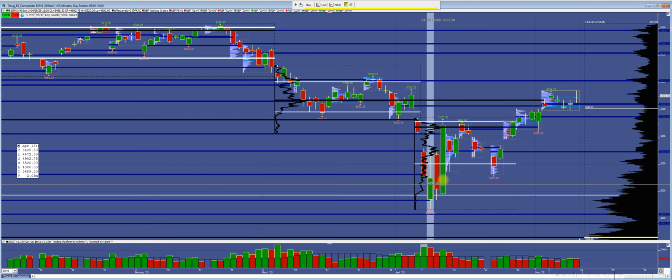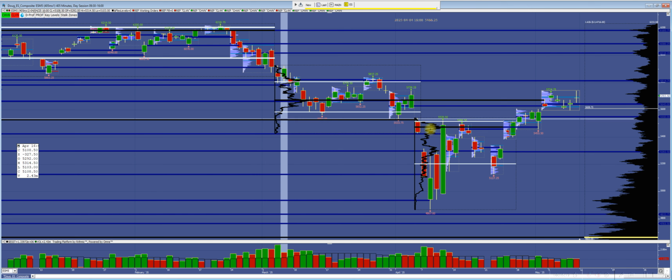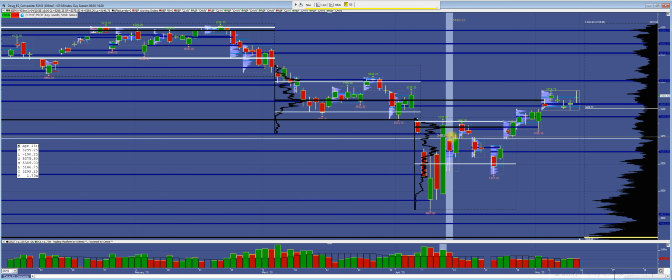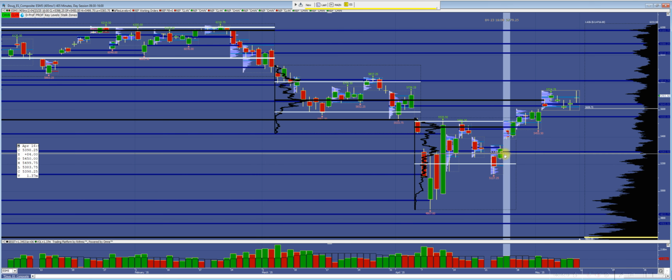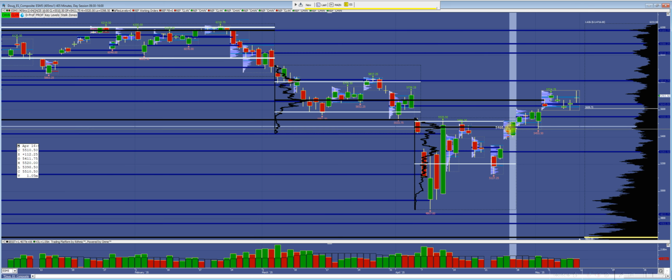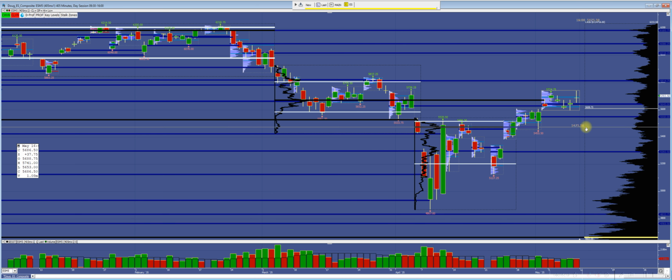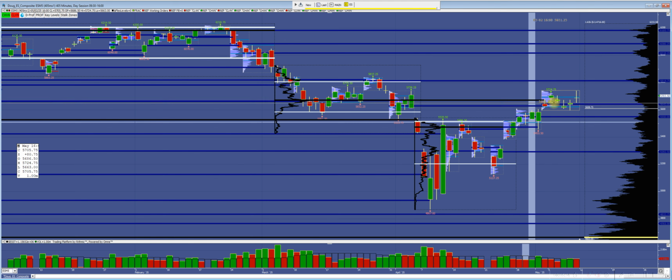They found buyers, rotated us all the way back up, came back up to this former price acceptance here, and then basically just chopped in this micro composite VPOC value area. Then they gapped up, and then they accepted price right here in the 54.75 area.